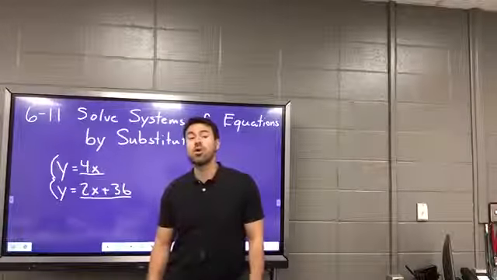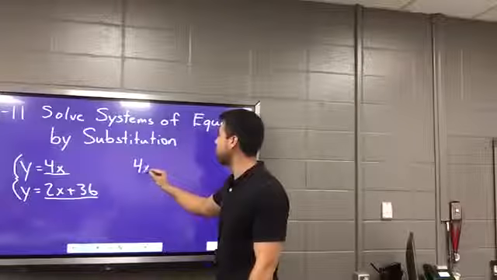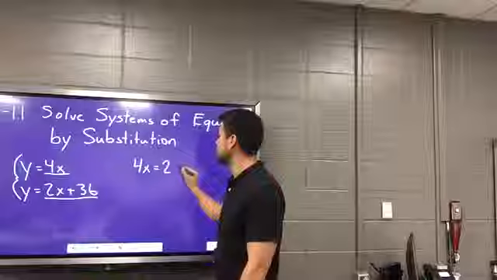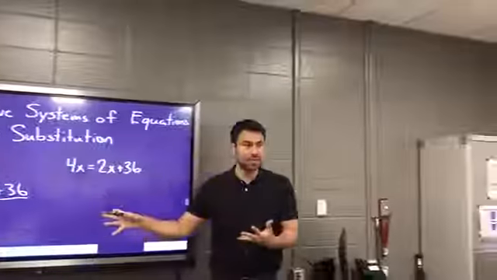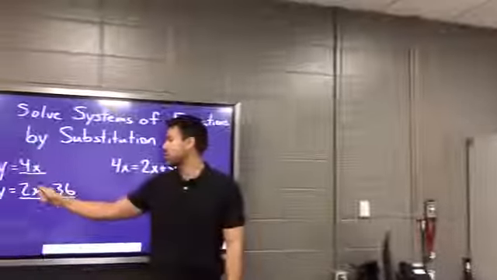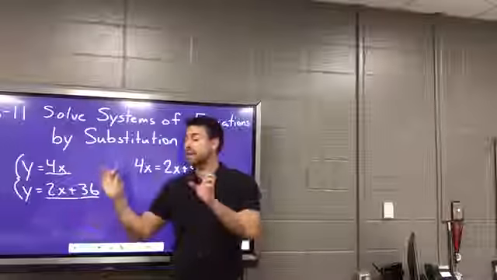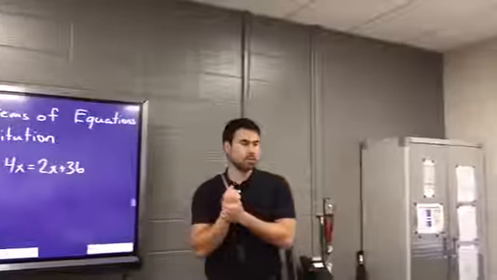They also are equal. So I can write an equation: 4x equals 2x plus 36. Is that true or not? You tell me if that makes sense. What does y equal up here? What does y equal down here? So those two things equal one another according to those statements.